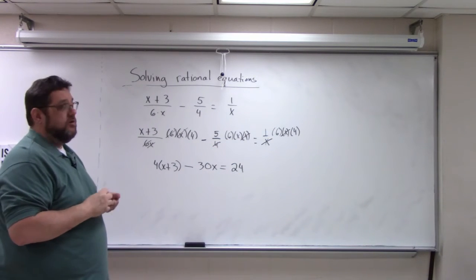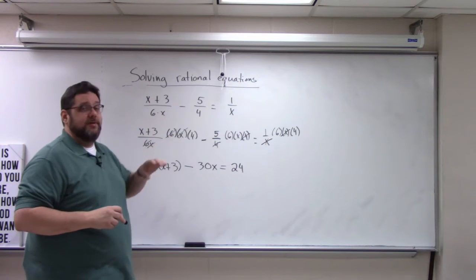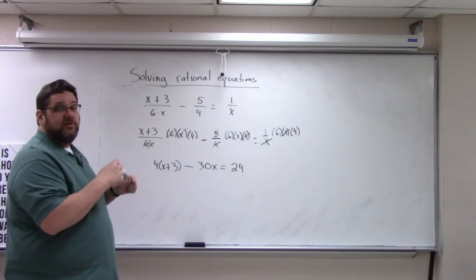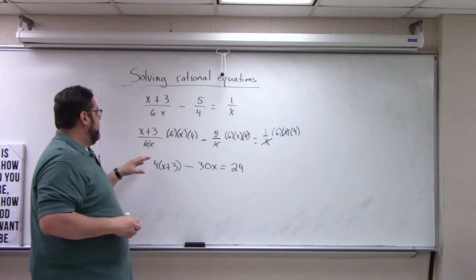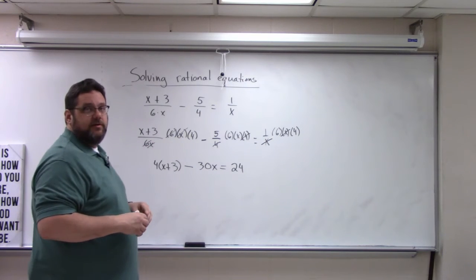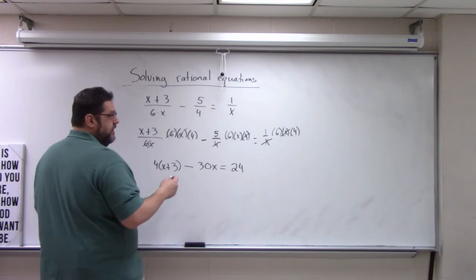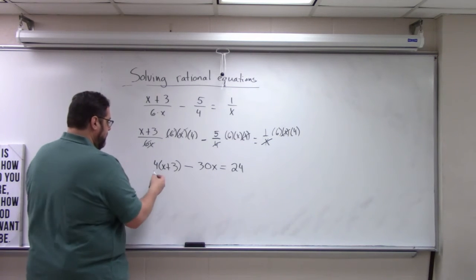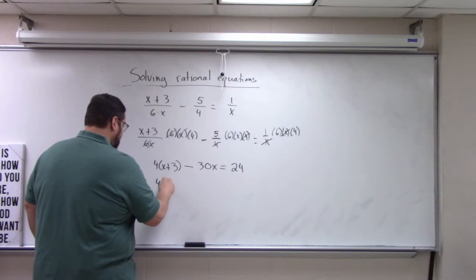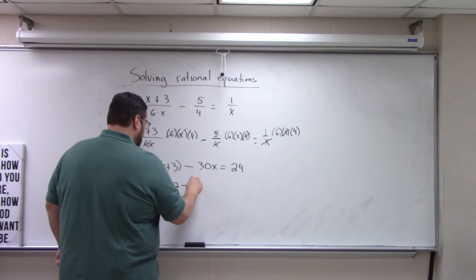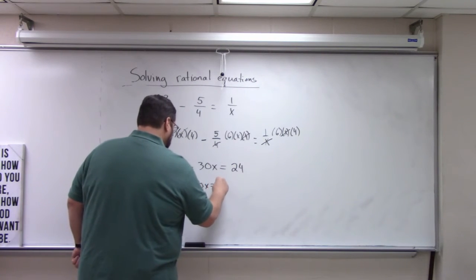All right, so we're going to look at all the different factors in these denominators. We multiply every term by all of the different ones, and everything should clear out. And in this case, we're left with a nice linear equation that we know how to solve. We're going to distribute the 4x plus 12 minus 30x equals 24.